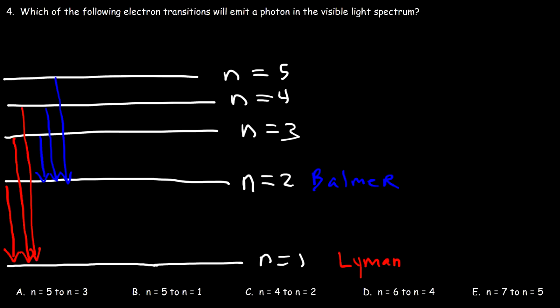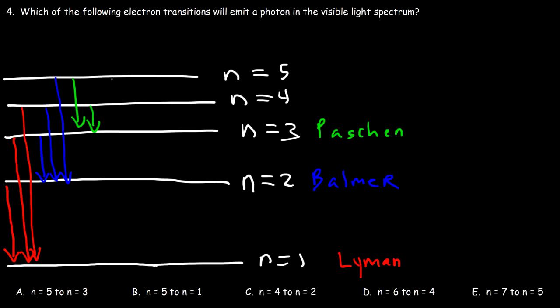And if the final state is the third energy level, let's say from 5 to 3 or 4 to 3, this is known as the Paschen series. I'm not sure exactly how you say its name. I think it's Paschen. You can look it up though.